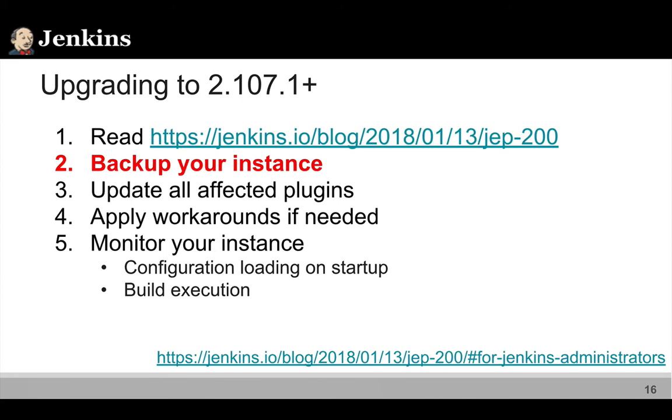And once you upgrade, we really recommend to monitor your instance. So, for example, when your instance starts up, check the startup log, ensure that there was no configuration loading issues, so that there is no missing configurations due to that. And then when builds execute, also take a look at them and make sure that there is no JEP-200 regressions.